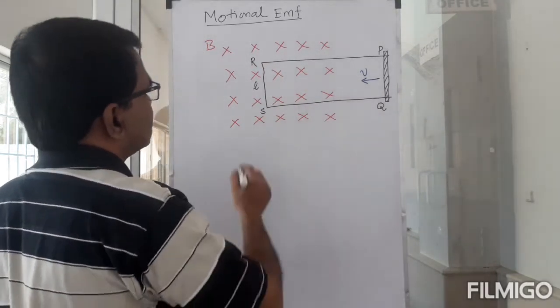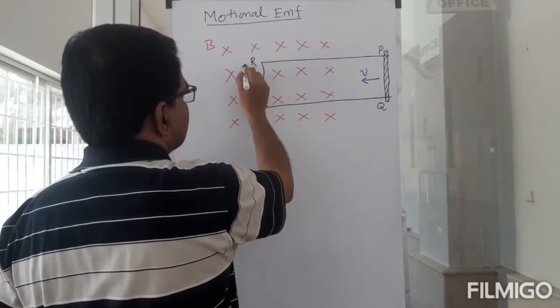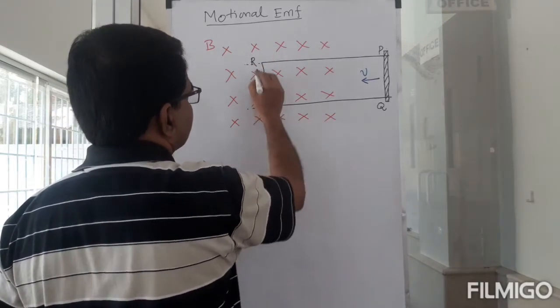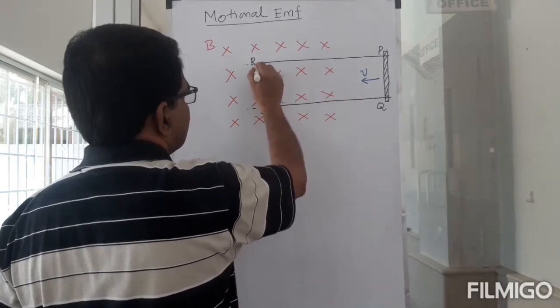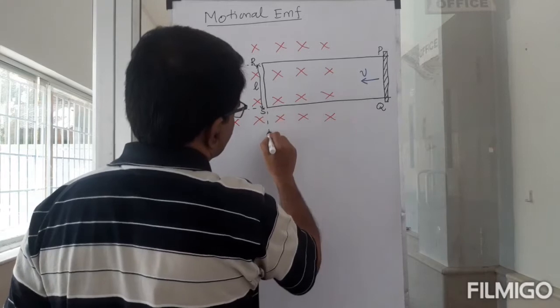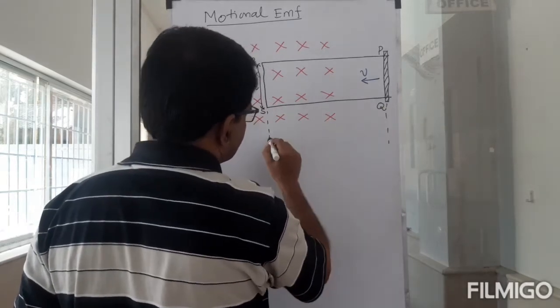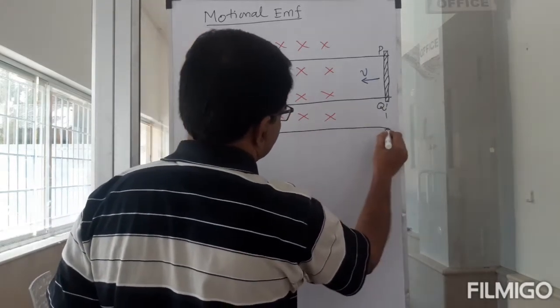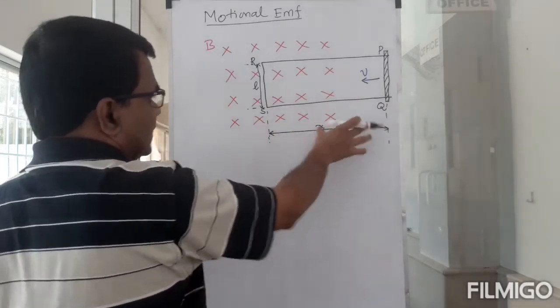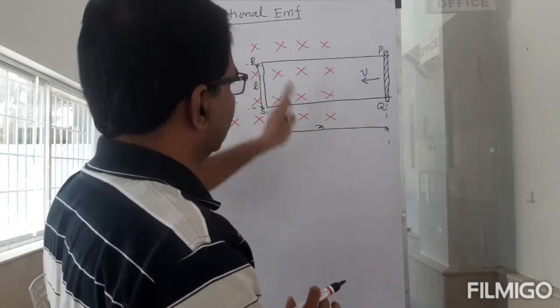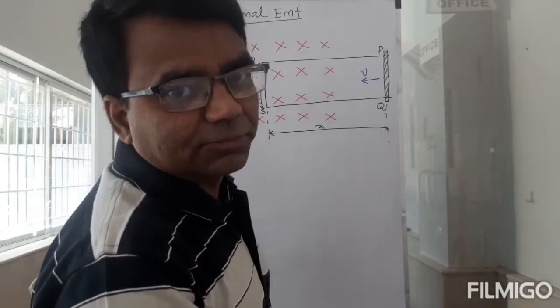This length, I said, is L. And this length at any point in time is X, because it is changing. If this is the origin, then that length is going to be changing.